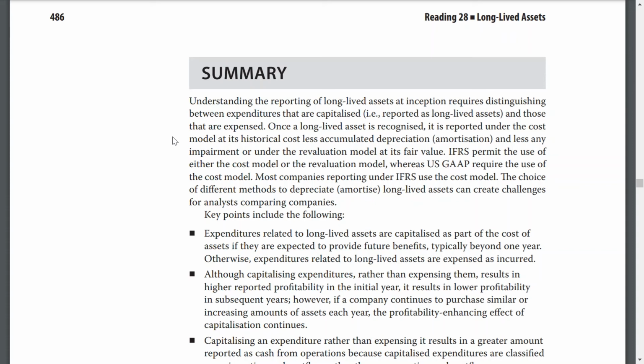IFRS permits the use of either the cost model or the revaluation model, whereas US GAAP requires the use of the cost model. Most companies reporting under IFRS use the cost model. The choice of different models to depreciate and amortize long-lived assets can create challenges for analysts comparing companies.